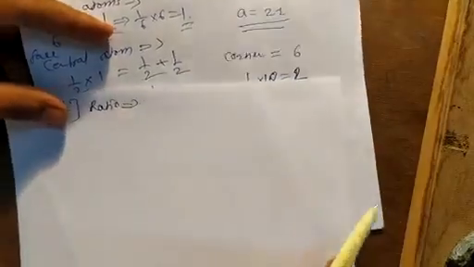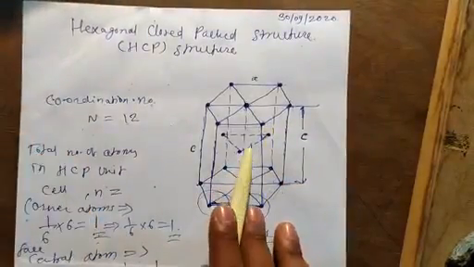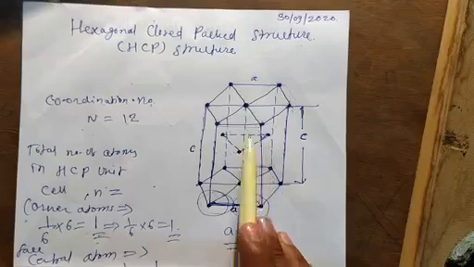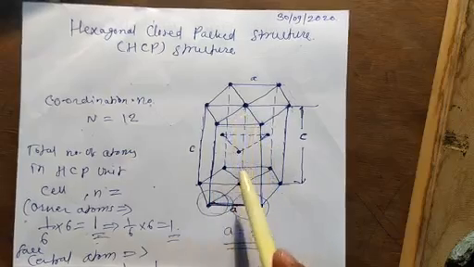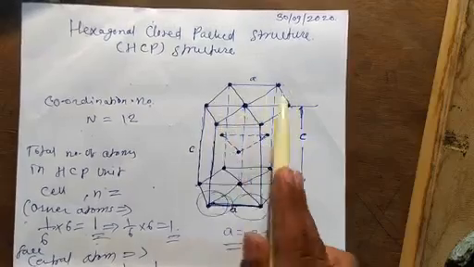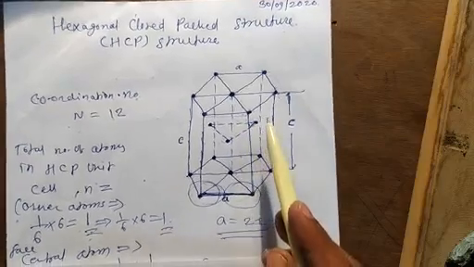Now consider this structure. The unit cell contains one atom at each corner and one atom at each face center, and each atom touches 3 atoms in the layer below its plane and 3 atoms in the layer above.